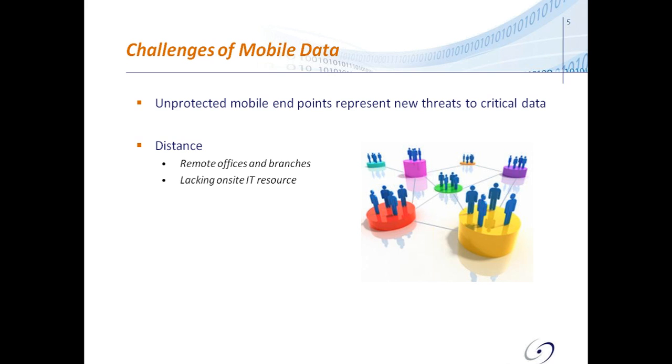This could be remote offices, branch offices, or a single user, be it a laptop user that's traveling, or a SOHO user that has a desktop at home. Part of the problem is distance, having resources or availability to get to those people via the internet. It could be time zones, a lot of different factors that come into play.